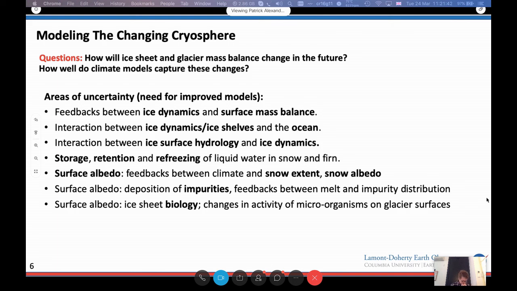So these feedbacks between climate and snow albedo and energy absorption are important. There's also deposition of impurities, such as aerosols, and for the Greenland ice sheet, there are impurities that come from within the ice sheet.